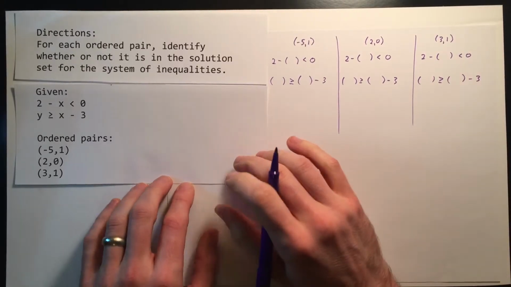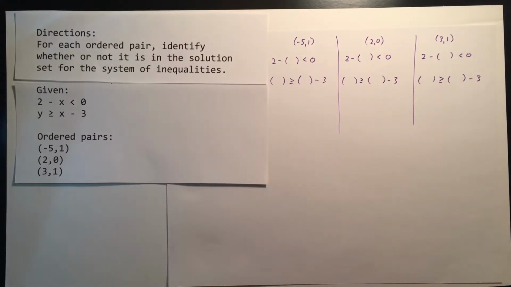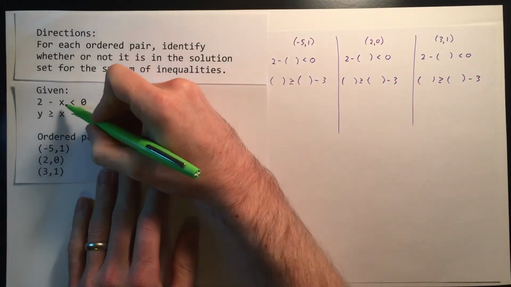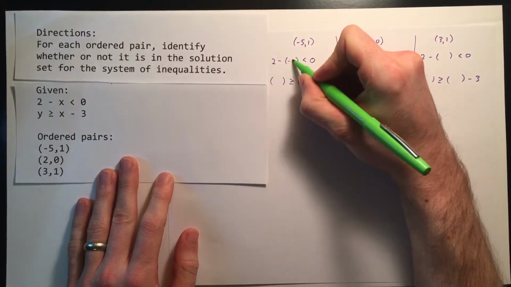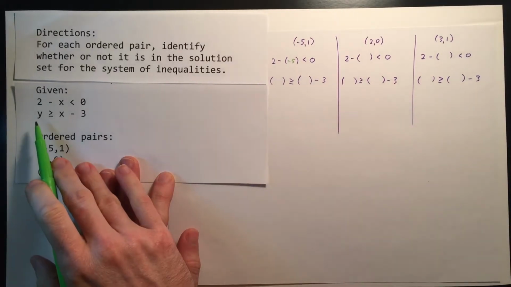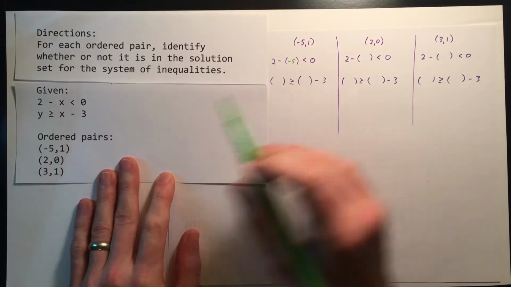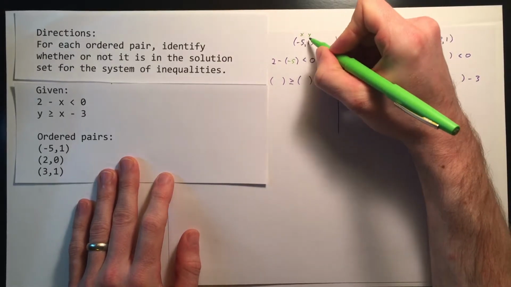Okay, so now my job is just to evaluate whether or not the inequality symbol is true once I plug in the ordered pairs. So in the first inequality, we just had an x variable, there was no y, and so I'm going to plug in a negative 5 where the x was. And be careful, on this one, remember that the y came first, so we're actually going to plug in the 1. This is the y value, don't forget, x, y, right?